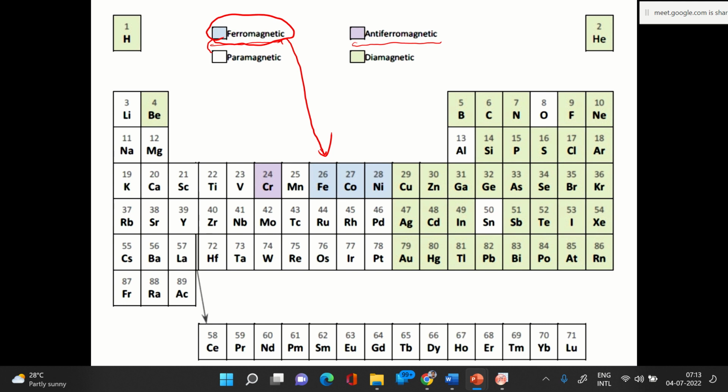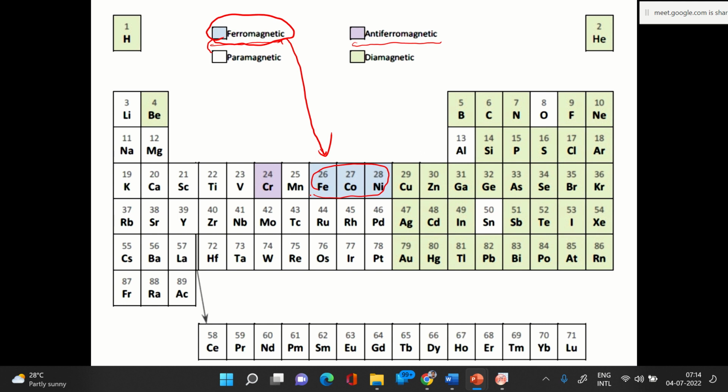In the purest form, showing ferromagnetism, there are only three: iron, cobalt, and nickel. Beyond that, no other element shows ferromagnetic properties. This is a very important point, many people may confuse it. In the purest form of elements, only three show ferromagnetic properties.